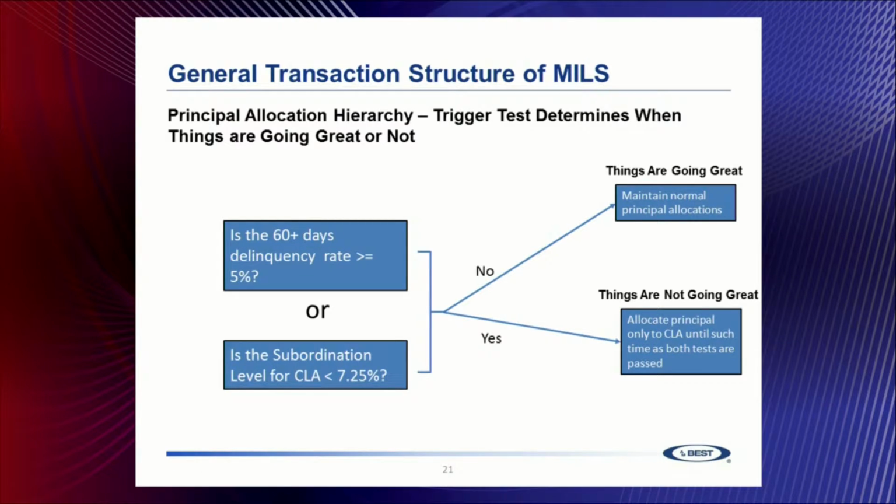But if things are not going great, it means that the 60-plus days delinquency rate is greater than or equal to 5%, or the subordination level for coverage level A is less than 7.25%. In that case, all the principal is allocated to coverage level A.